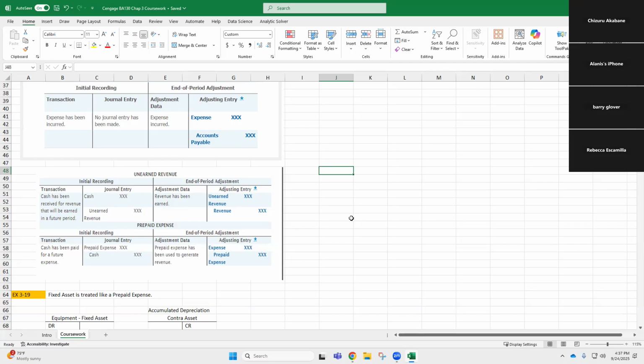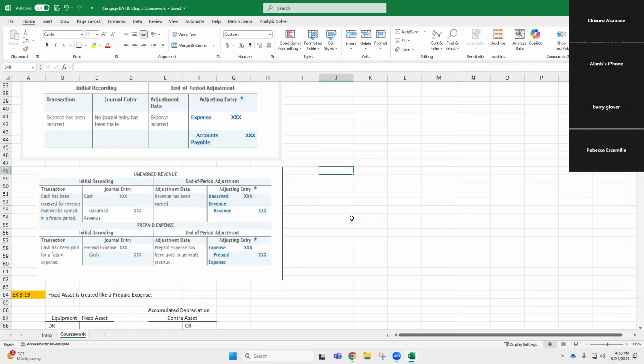Some examples would be prepaid insurance. Maybe we paid an insurance policy for a whole year, and every month we want to show 1/12 of that being used.